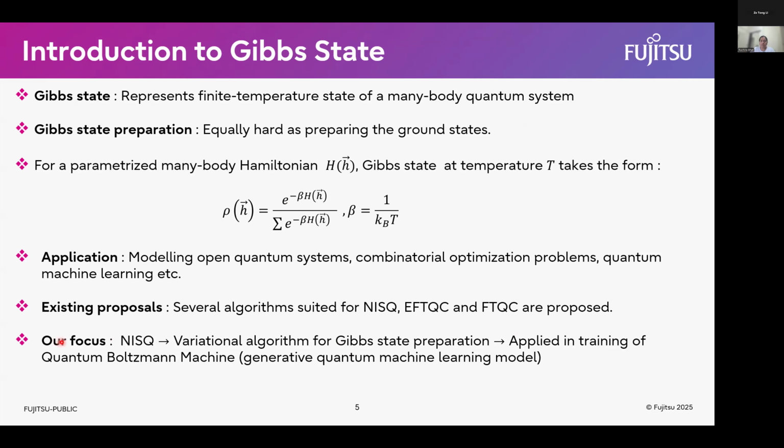But our focus will be on the near-term devices, the algorithm that is suited for implementation on a near-term device. It's a variational quantum algorithm for Gibbs state preparation. And from the application perspective, we demonstrate an application by integrating it in the training of a quantum Boltzmann machine.